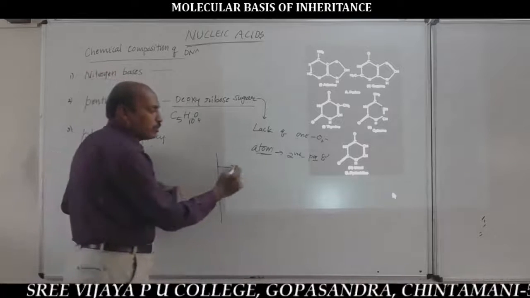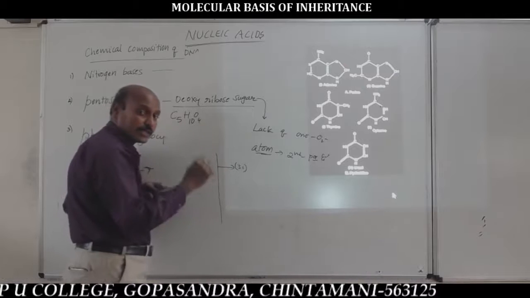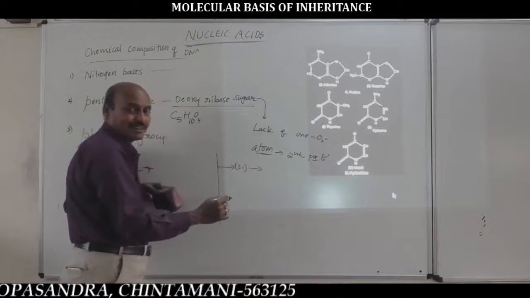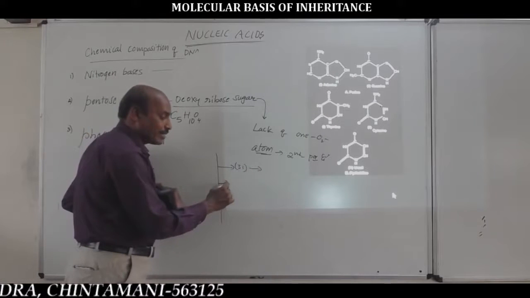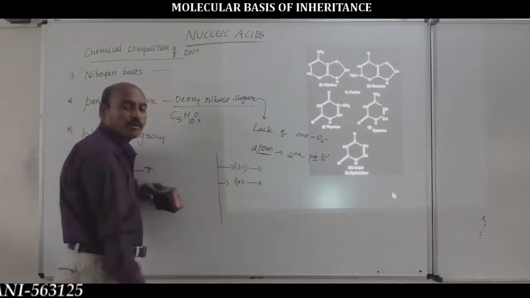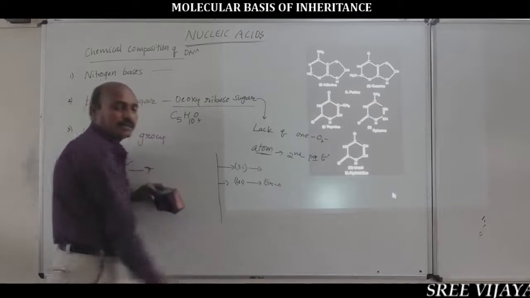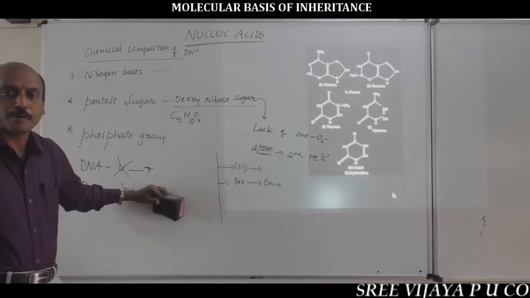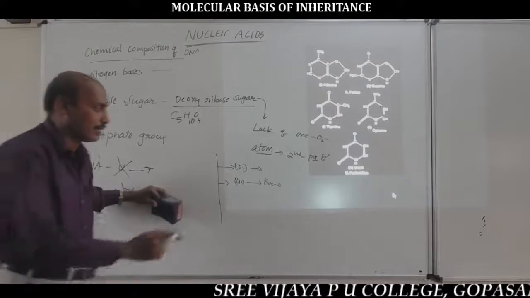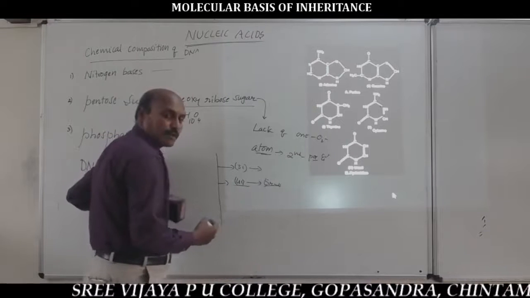Here, trioses are monosaccharides containing 3 carbon atoms. Example, glycerol or glyceraldehyde. Tetroses have 4 carbon atoms. Example, erythrose 4-phosphate, one of the byproducts of the dark reaction, the Calvin cycle, is an example of a 4-carbon compound.